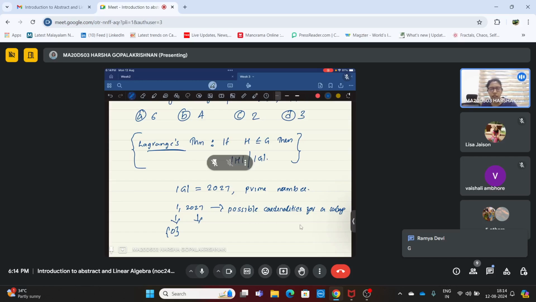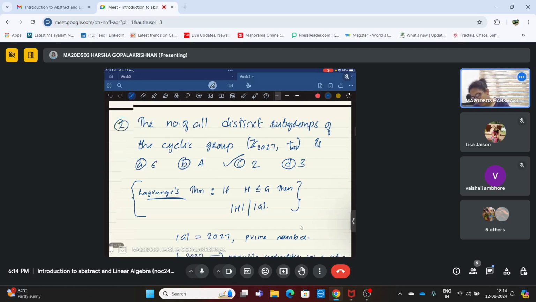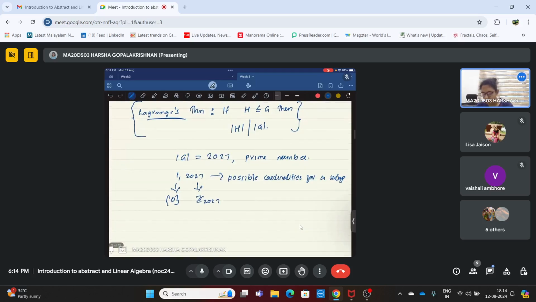Yes, G itself, the whole group itself, Z_2027. So we have only 2 possible distinct subgroups, and for both cardinalities we found the subgroup. So 0 and Z_2027 are the possible subgroups. The number of distinct subgroups is 2. Okay, any doubt?